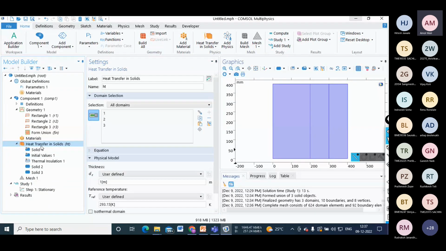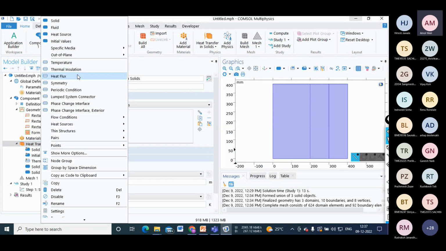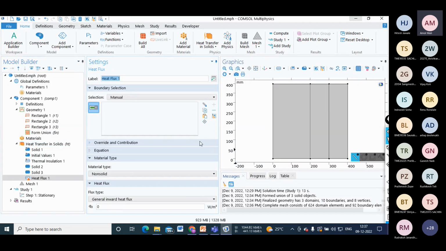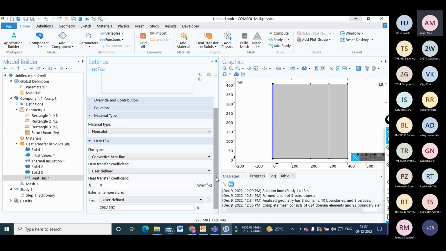So what we'll do, we will provide the temperature with the help of the heat flux option. So I will select this point. In General, I will select convective heat flux, because between the gas and this wall there will be convective heat flux. How much will that be? h is 74.